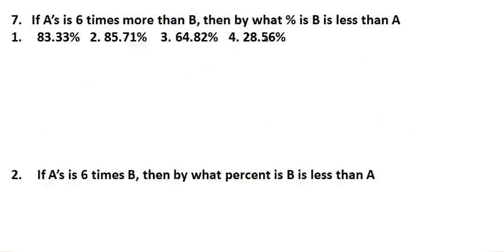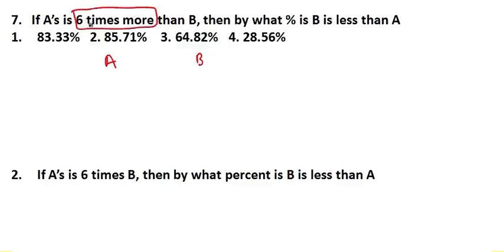Here you see, if A's income is 6 times more than B's, then by what percent is B less than A? One is A and one is B. If A is 6 times more, this statement is very important.